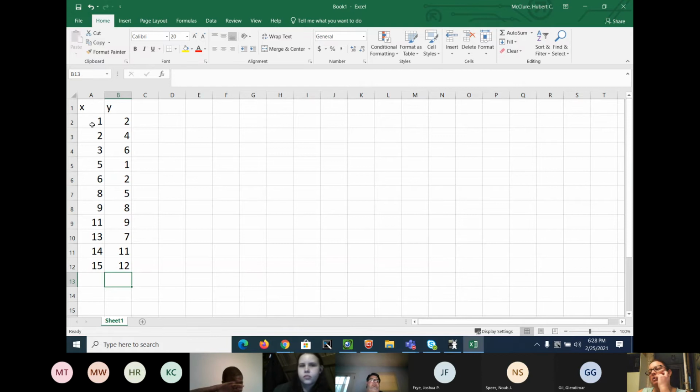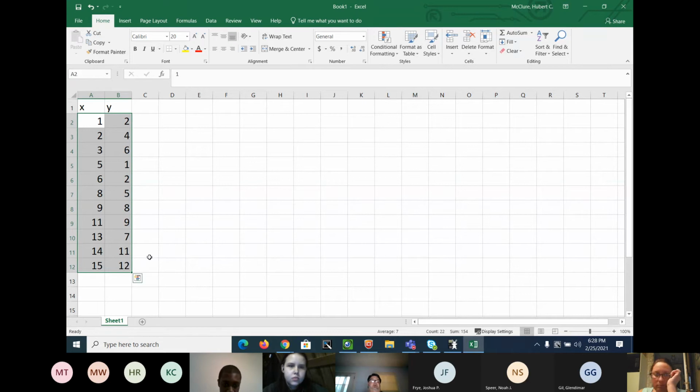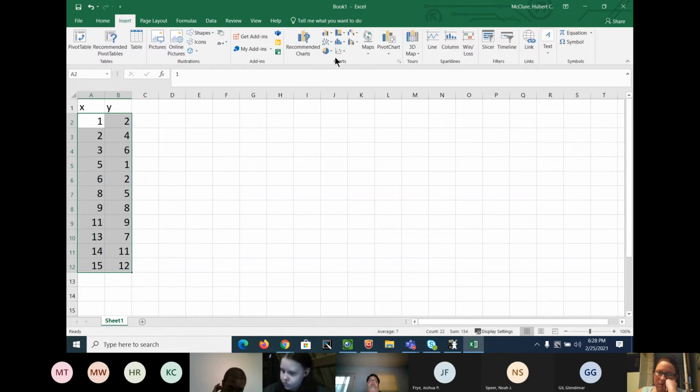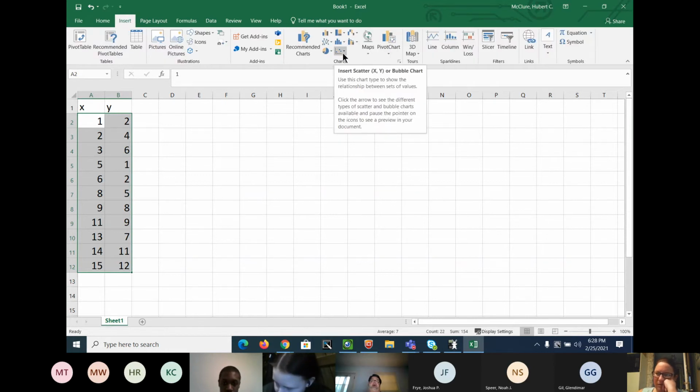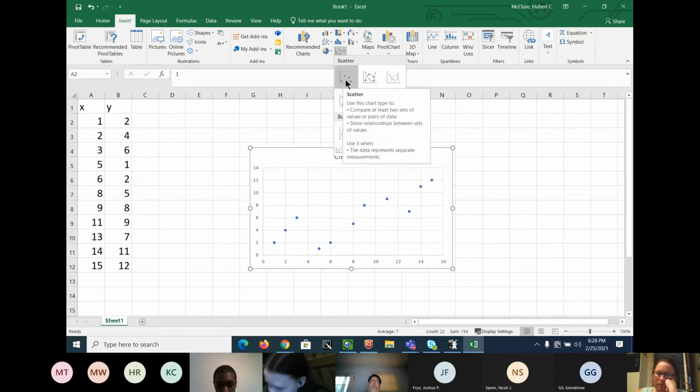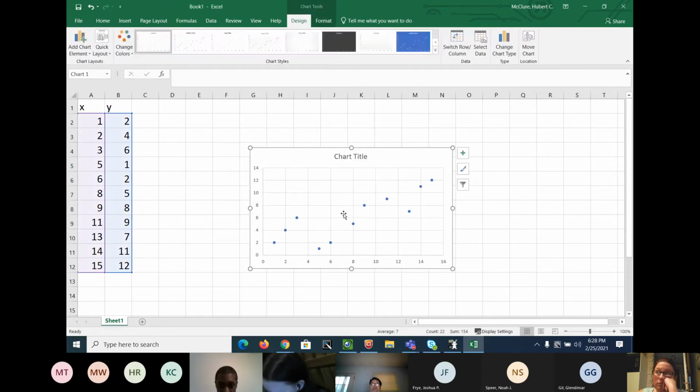You're going to highlight, those of you that know how to use Excel, those two columns. Now, if you know Excel, then you need to write down insert. And you see that scatter plot right there? That's called a scatter plot.